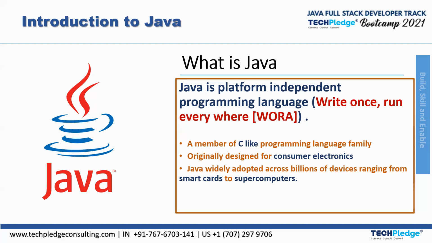Next we move to the fact that it was originally designed for consumer electronics, such as fridge, TV. But later on, many different applications came up. Its major applications were in desktop applications, such as calculators, MS Office, those things which we are very used to operating on our desktop.